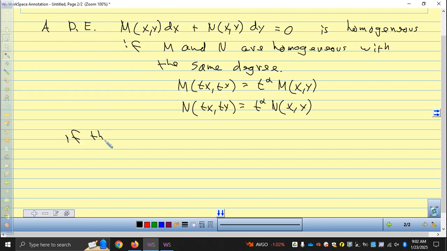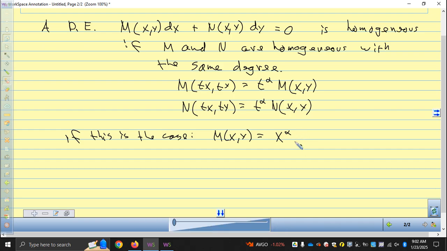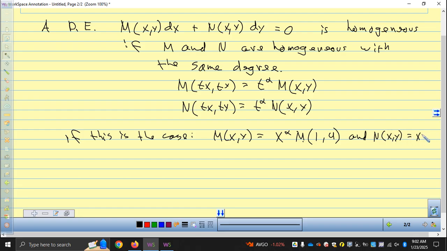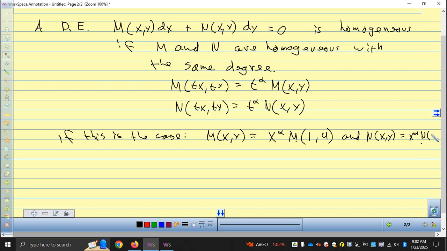If this is the case, we can write M of x, y equals x to the alpha times M of 1, u, and N of x, y equals x to the alpha N of 1, u, where u equals y over x.